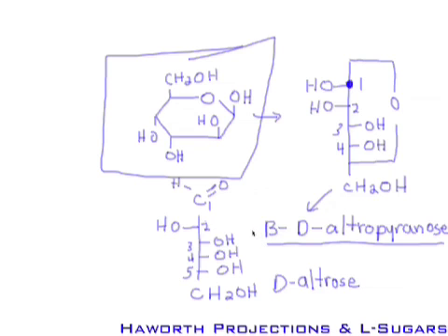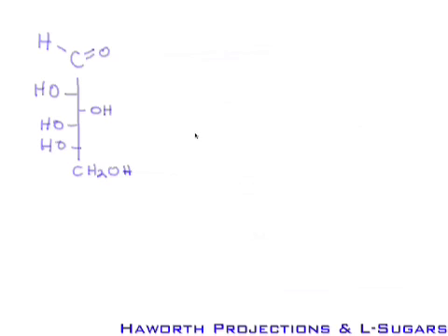What about L sugars? Well, L sugars have essentially the same features. If I start with an L sugar and I want to draw the Haworth of it, so let's do L-glucose. So here's L-glucose. I can cyclize.